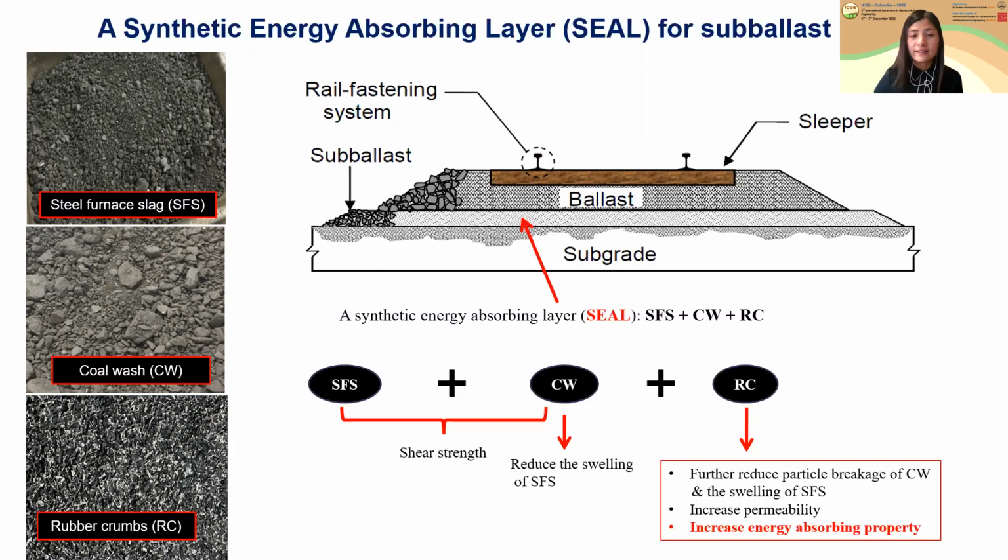For example, in the mixture, steel slag plus coal ash can provide the shear strength, while coal ash can reduce the swelling of steel slag. The addition of rubber can further reduce the particle breakage of coal ash and the swelling of steel slag, increase the permeability, and at the same time increase the energy absorbing property of the whole mixture. This will then further reduce the particle breakage of the ballast.